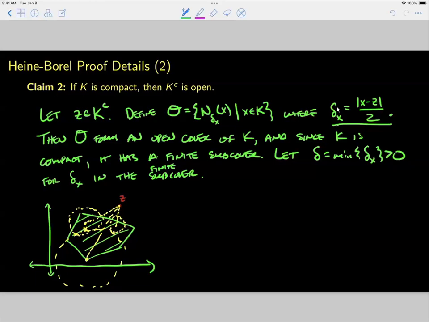So essentially what I'm doing is I'm looking for the smallest radius. Let's say in this picture, of the three that I drew, this one sitting here has the smallest radius, and that's what I'm trying to pull out.